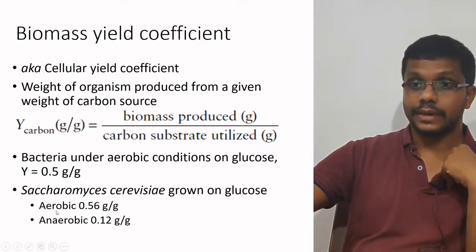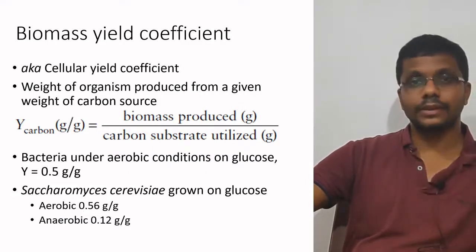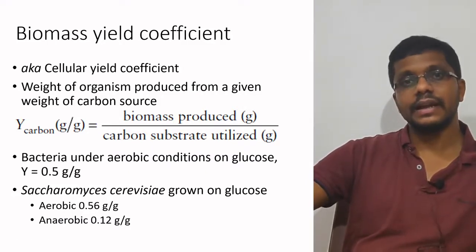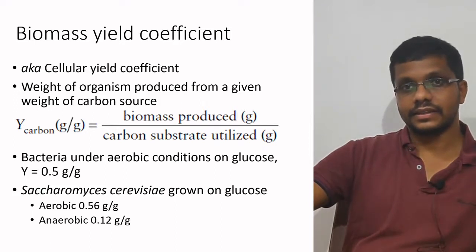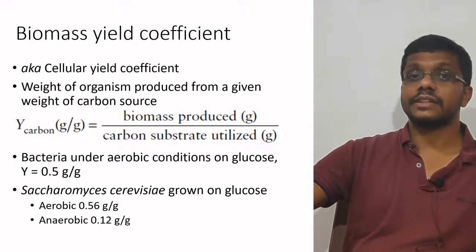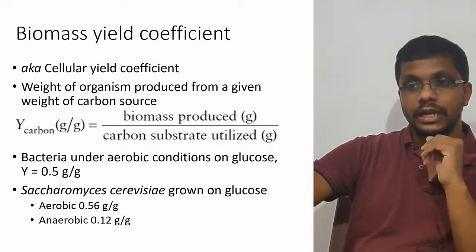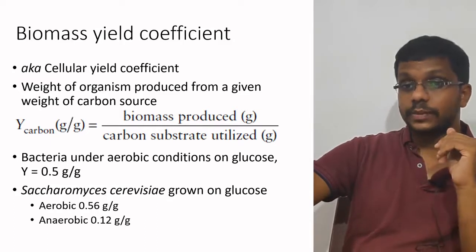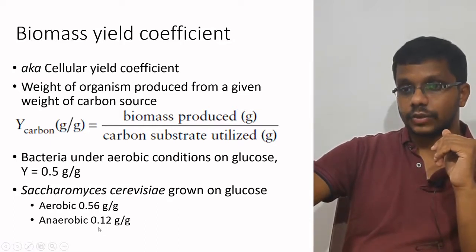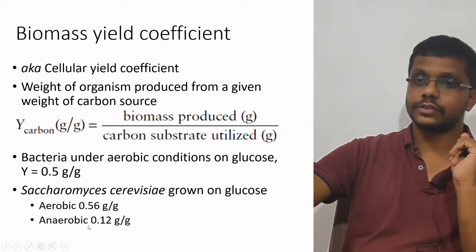The yield of energy from aerobic respiration is very high because we have glycolysis, then the Krebs cycle, and the NADH we are getting from aerobic respiration we can use in the electron transport chain to make more and more ATP. But in anaerobic respiration, that is not happening. So the yield coefficient is so low.